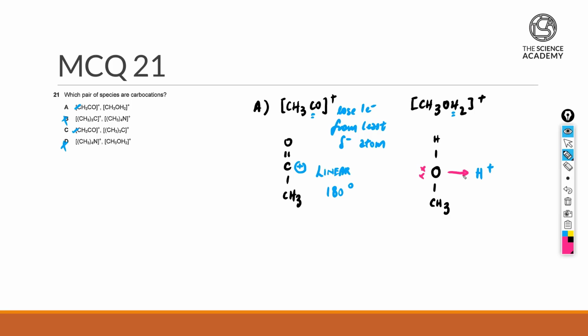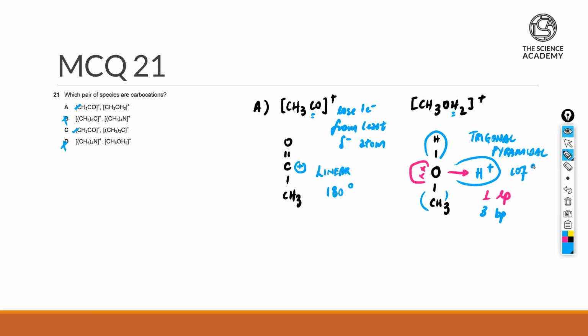So this actually becomes the configuration of one lone pair with 3 bond pairs. One for CH3, one for H, and one for the dative bonded to H plus, and this gives us the configuration of that of a trigonal pyramidal structure that comes with the bond angle of 107 degrees.